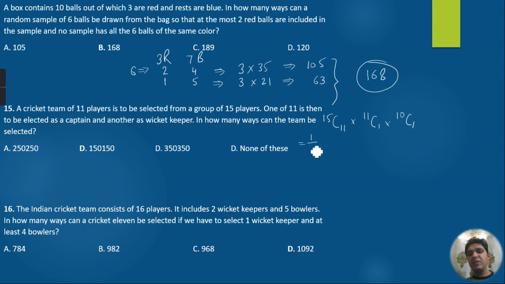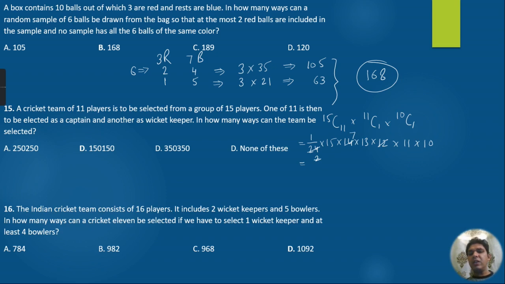So we can write it as 1 by 24 multiplied by 15 multiplied by 14 multiplied by 13 multiplied by 12, and this is 11 and multiplied by 10. Thereafter if we check it, this will be simply 12 into 2 is 24, and 2 7s are 14.